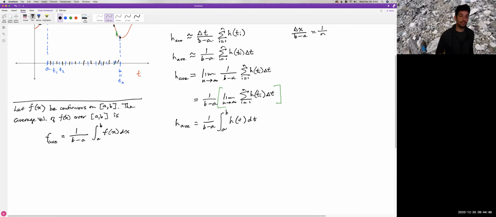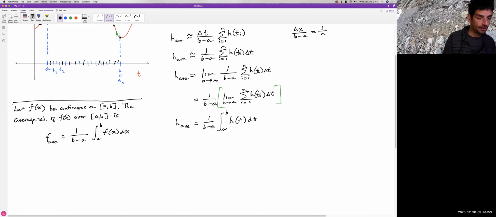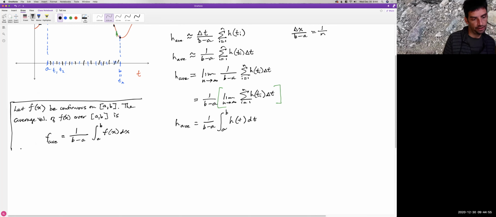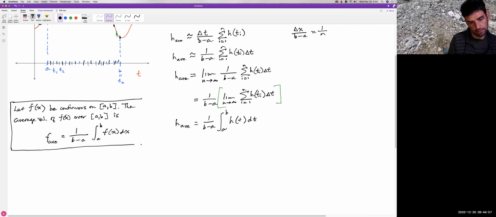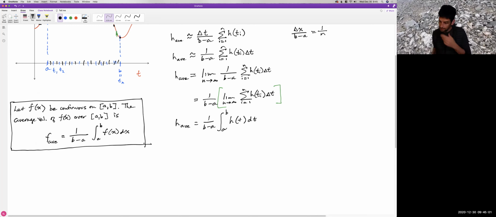So nothing different than what I did over there, just cut through all the computation to the result. And this is our definition of the average value, okay?